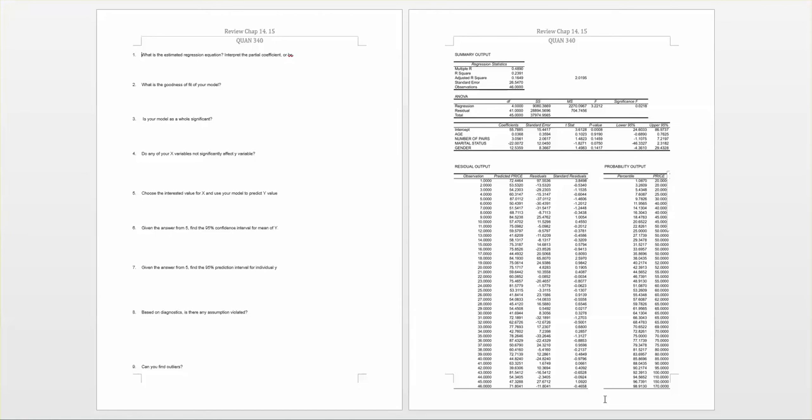So let's start to review chapters 14 and 15 to prepare for the analysis question. First, I list the 9 questions, and you should see all of them in both the simple linear regression model and the multiple regression model. You will find they are similar.